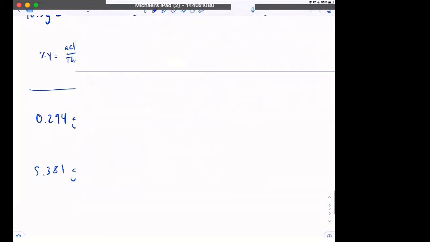So which answer is this? 3.69. A sucrose crystal still has 1.8 times 10 to the 17 sucrose molecules.